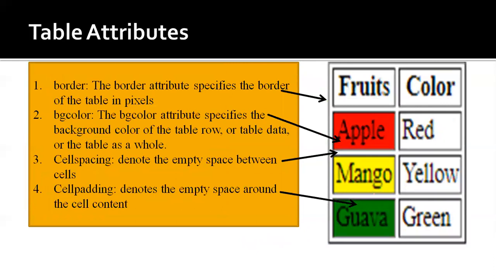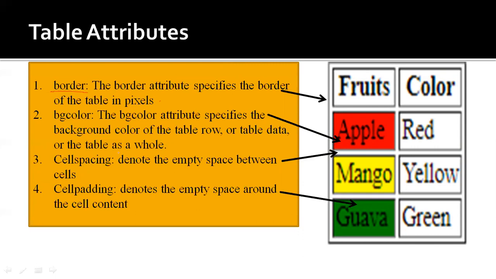Now we can add various attributes to this table. Let's see what are the attributes that we can add. First attribute is border. We can add border property to the table. The border attribute specifies the border of the table in pixels.